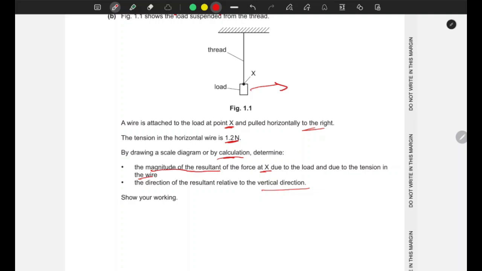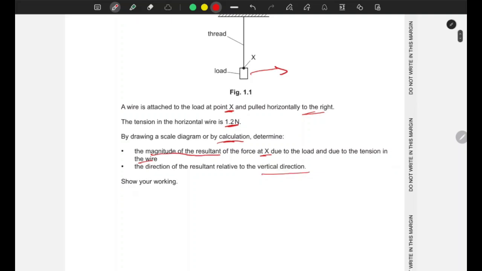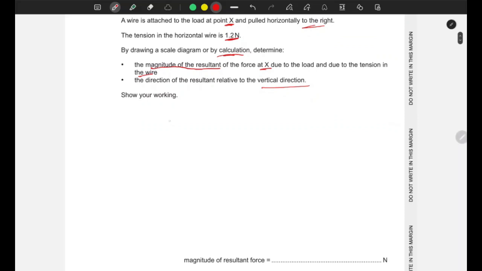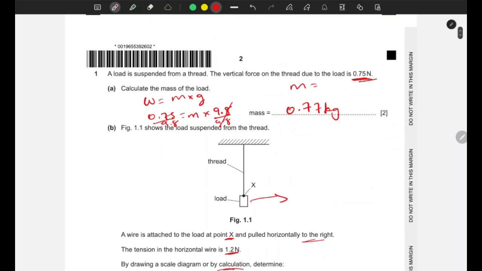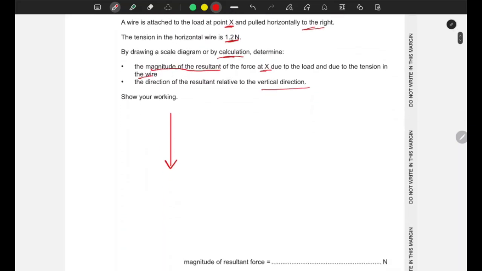So let me just explain what's happening first. As you can see, there is a wire, and the load is producing a force downwards. That downward force is, as we can see from the previous question, 0.75 newtons.